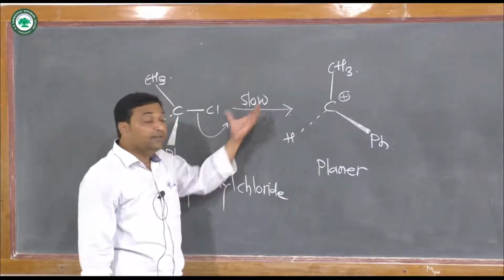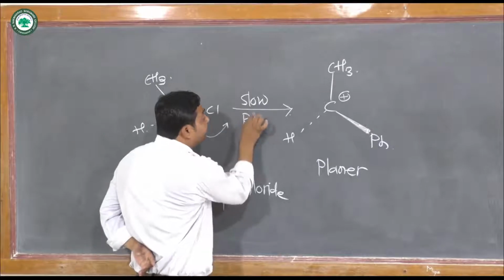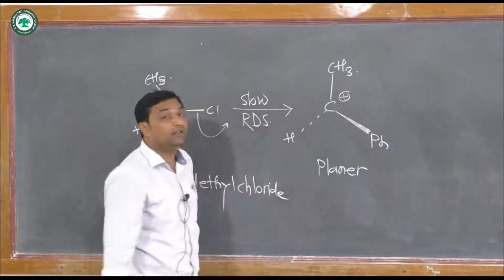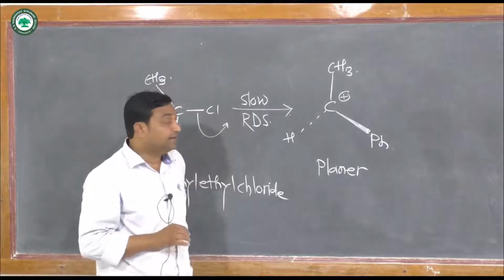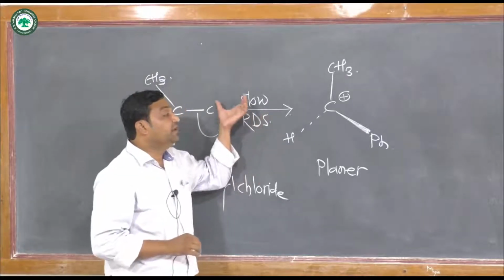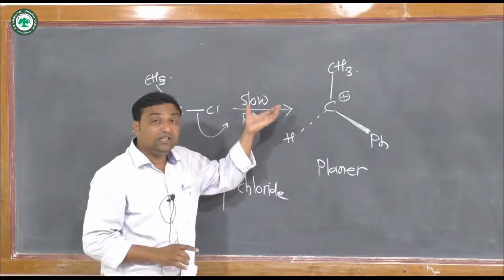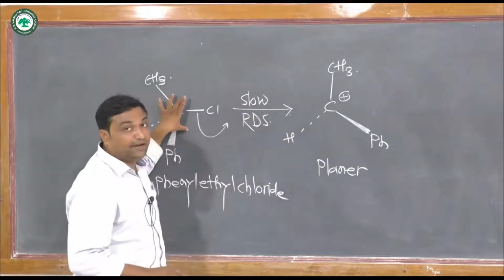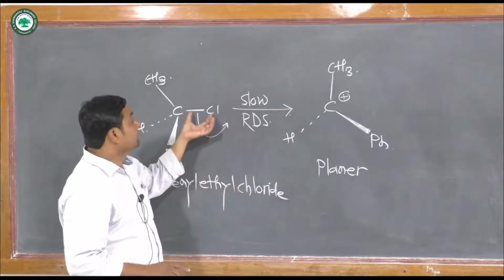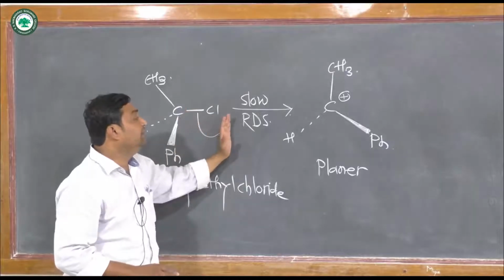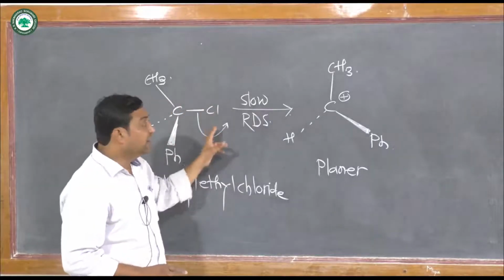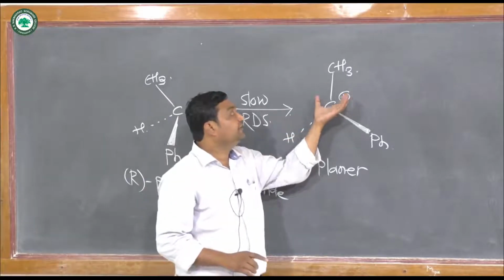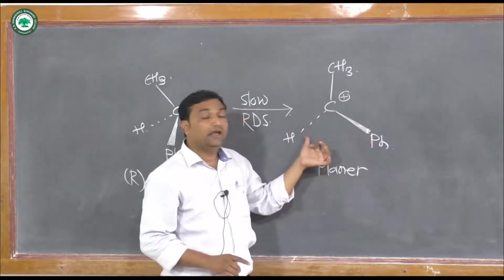which is nothing but the rate determining step of the SN1 reaction, because we also know that the rate of the SN1 reaction depends upon the concentration of the reactant only. Now here this Cl will be removed from this optically active reactant to form this planar carbocation.